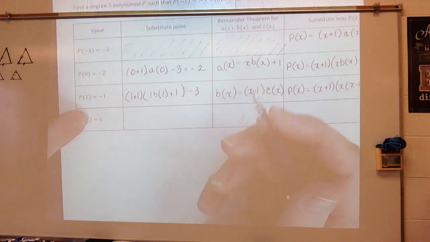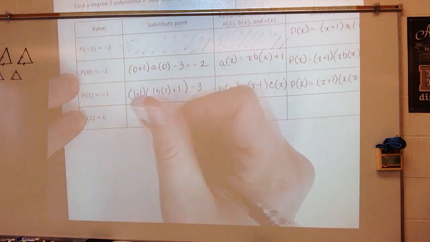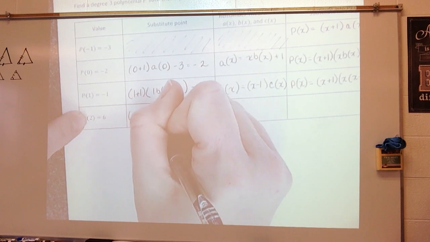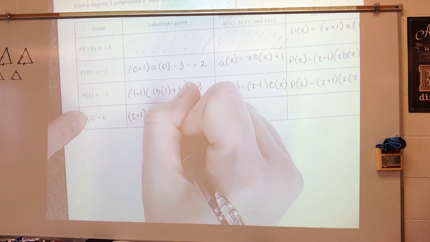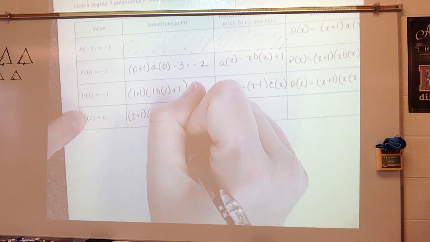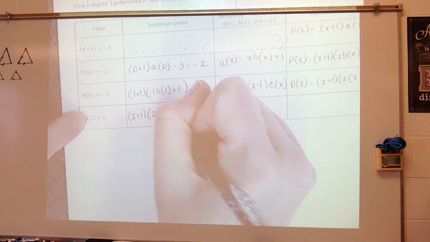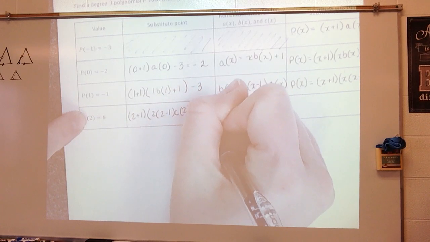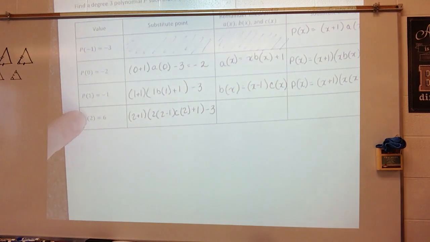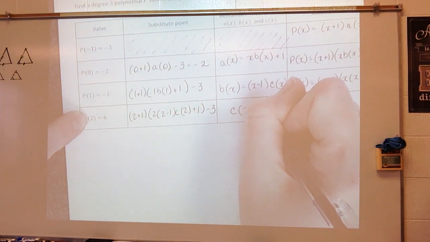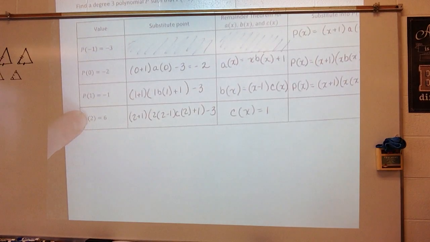Substitute 2 and 6 in. So I've got 2 plus 1 times 2 times 2 minus 1 c of 2 plus 1 minus 3, which ends up giving me c of x is equal to 1.